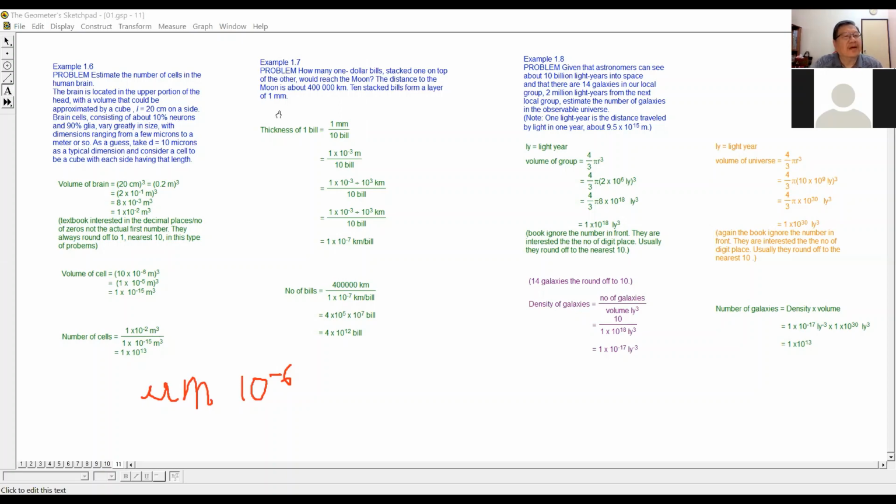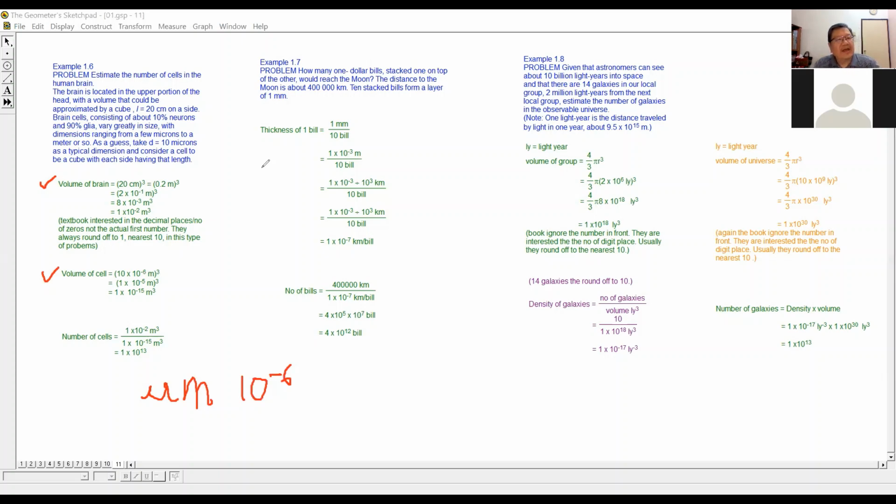First of all, we try to find out the volume of the brain. Then we try to find also the volume of one cell. In doing so, you must make sure the two units are consistent.